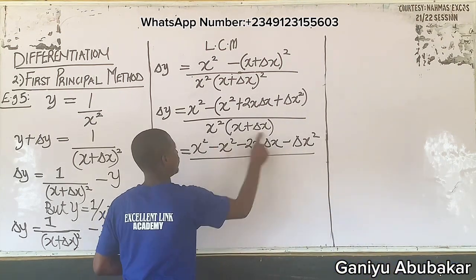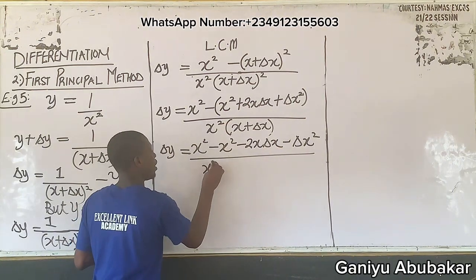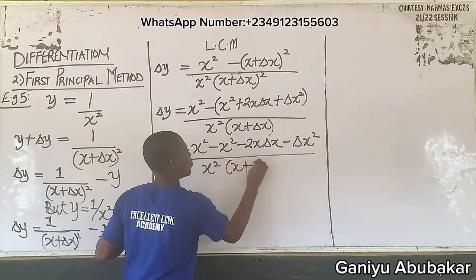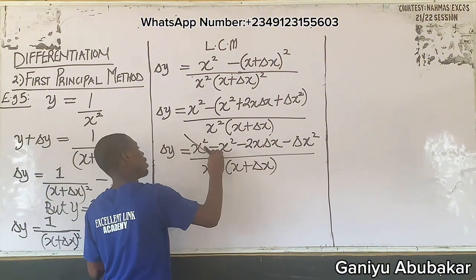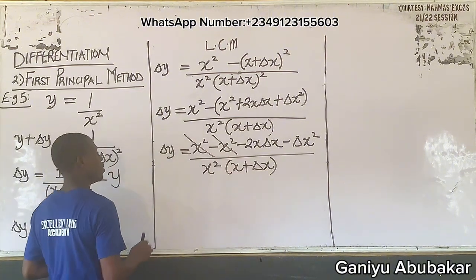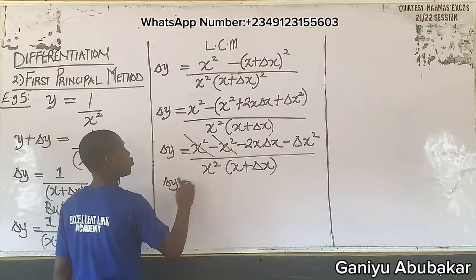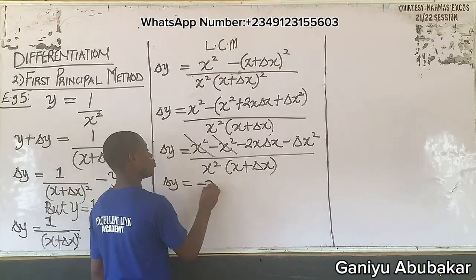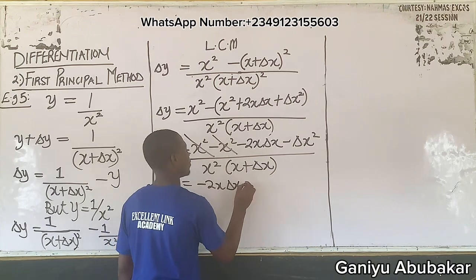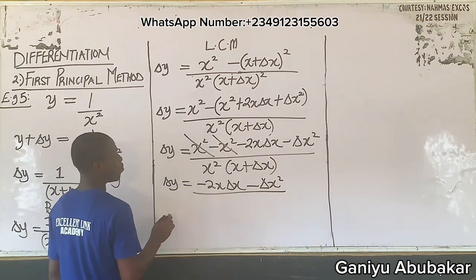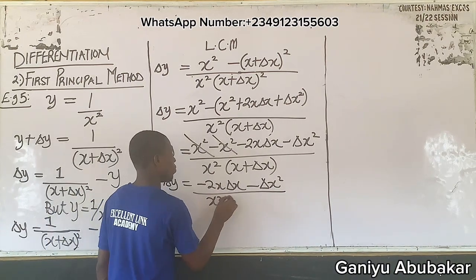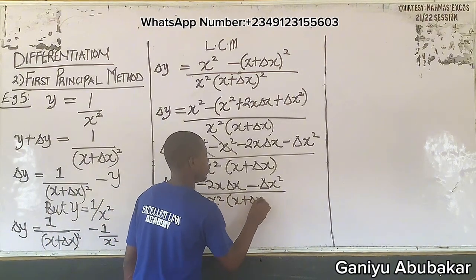I'll repeat down my denominator. I'll have x squared into x plus change in x. From here, this will cancel this, so I'll have change in y equal to what is left: minus 2x change in x minus change in x squared, all over x squared into x plus change in x.